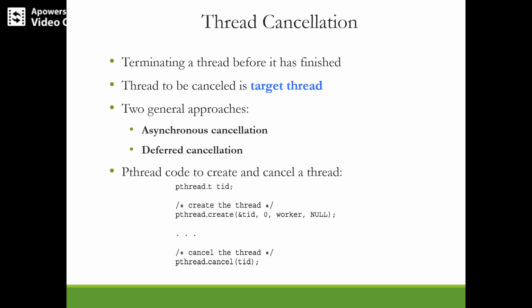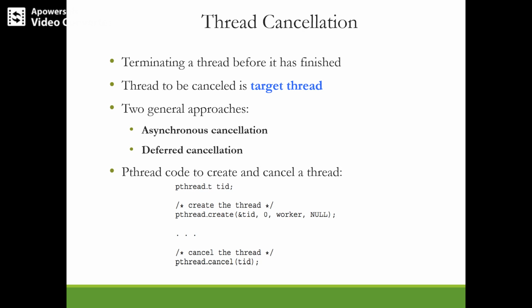Even though only a single thread is not working, the entire browser closes off. That is called thread cancellation. So if there are multiple threads concurrently searching a database, and one thread returns a result, the remaining threads might be cancelled. Another situation is when a user presses a button on the web browser that stops the web page from loading. Even when the user presses the stop button, the thread loading that page will be cancelled.